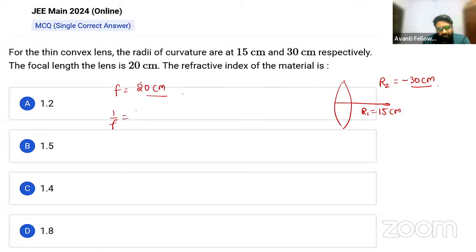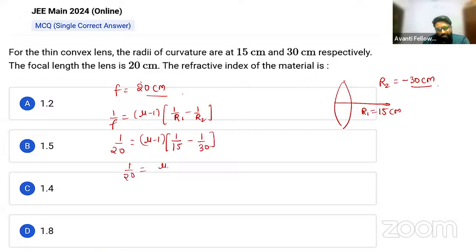So 1/F = (mu - 1)(1/R1 - 1/R2). और अभी हमने देखा था यहाँ पे R2 पॉजिटिव. 1/F भी पॉजिटिव है तो 1/20 = (mu - 1)(1/15 - 1/30). So 30 is exactly half of 15. So it will become 1/20 = (mu - 1)(1/30). 1/30 is exactly half of 1/15, na?